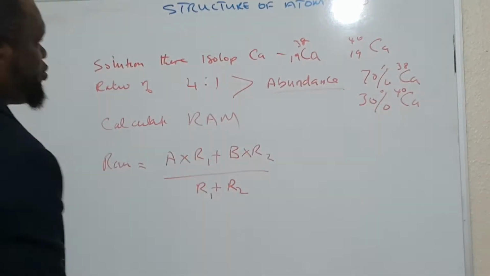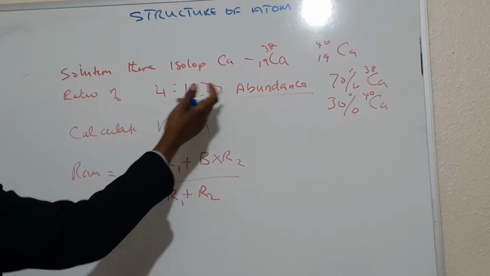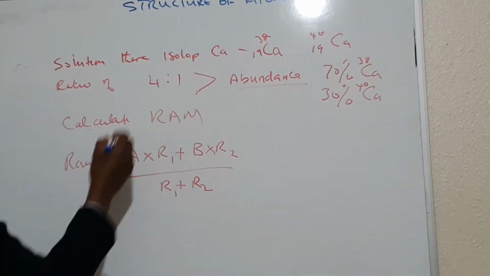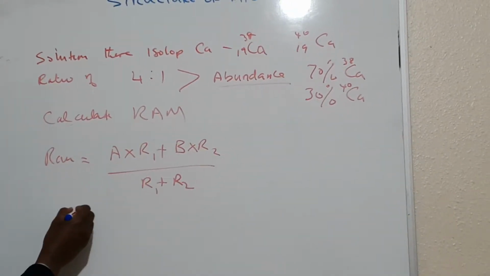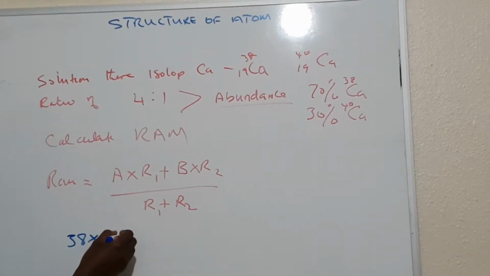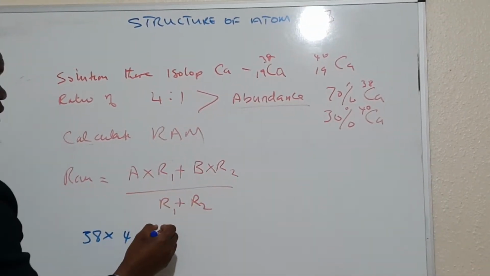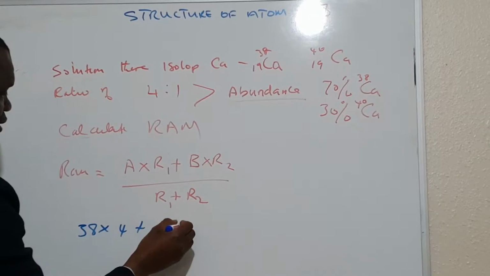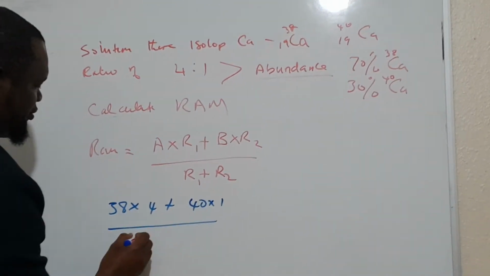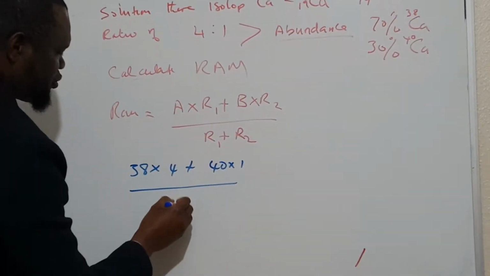You multiply the first one, calcium 38, by its abundance or ratio. If it is ratio, it's going to be 38 times 4 plus the isotope 40 times 1, all divided by 4 plus 1.